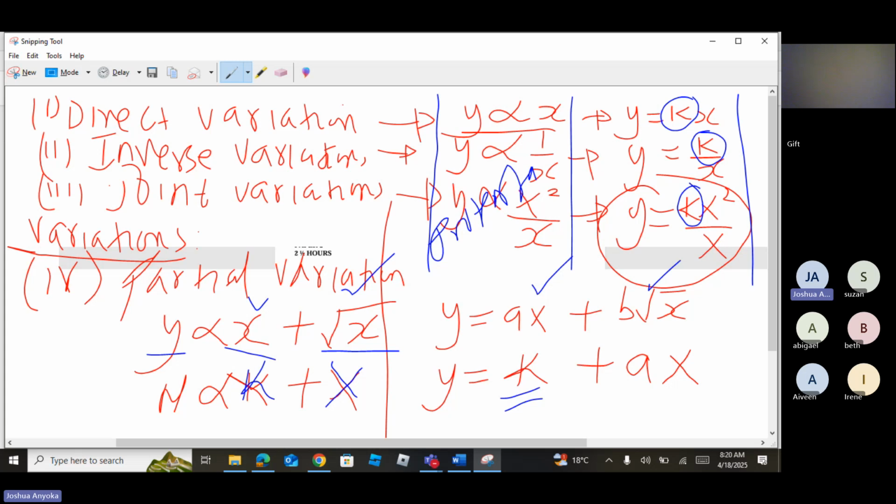We only leave it, because K was a constant, we say Y is equals to K. We only introduce a constant of proportionality to X because it is only X that was varying.